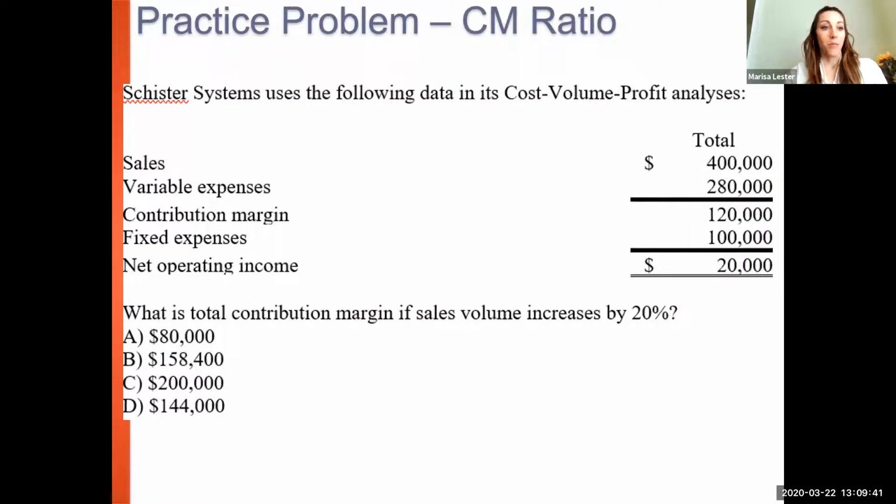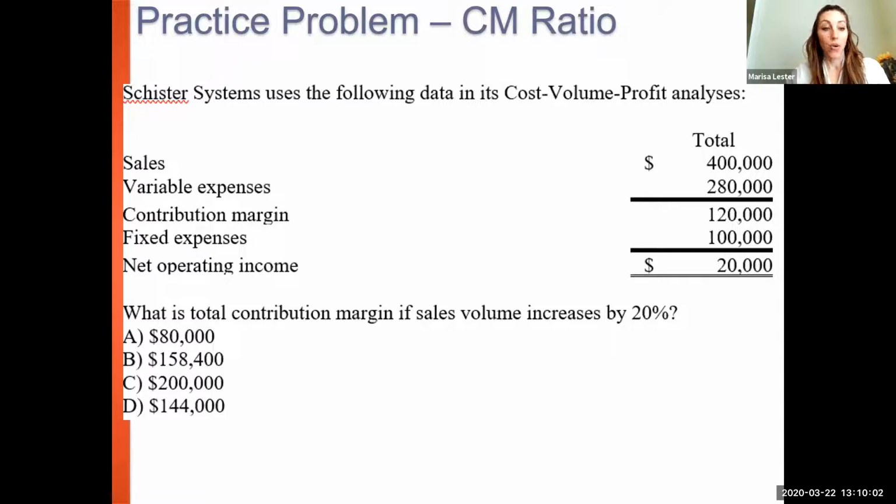All right, practice problem using the CM ratio. So the CM ratio, I'm getting a little bit ahead of myself, and this will be coming up in the next couple of slides. What is my total contribution margin if sales volume increases by 20%?